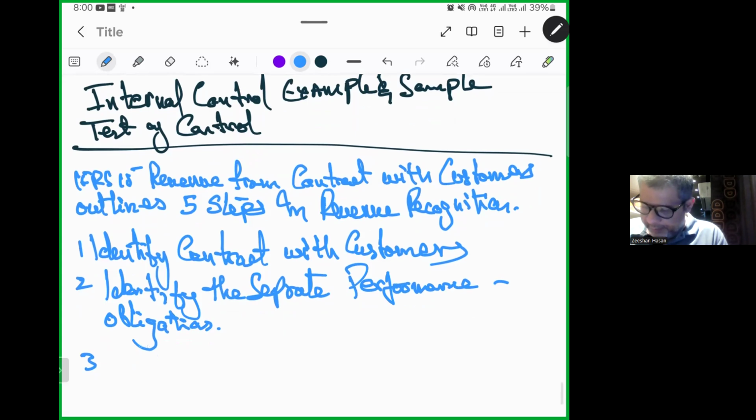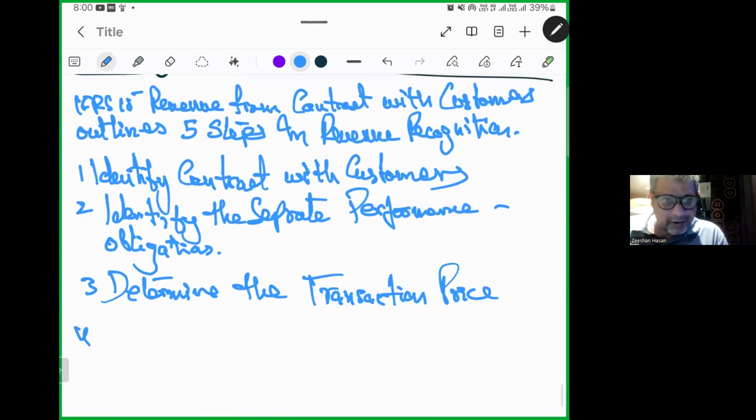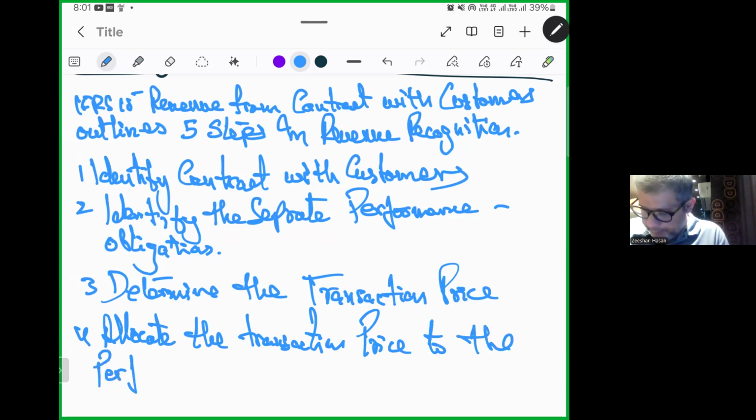Step three, determine the transaction price. Step four, allocate the transaction price to the performance obligations.